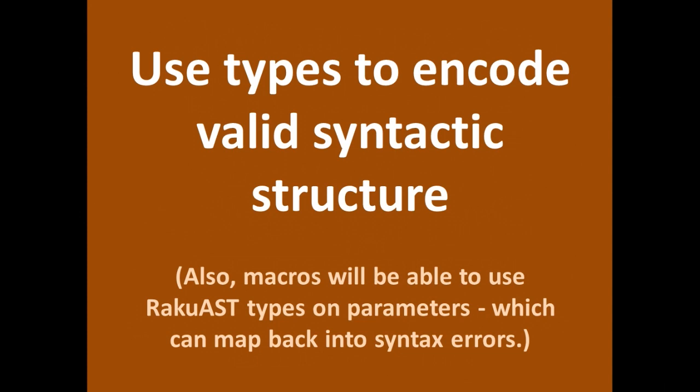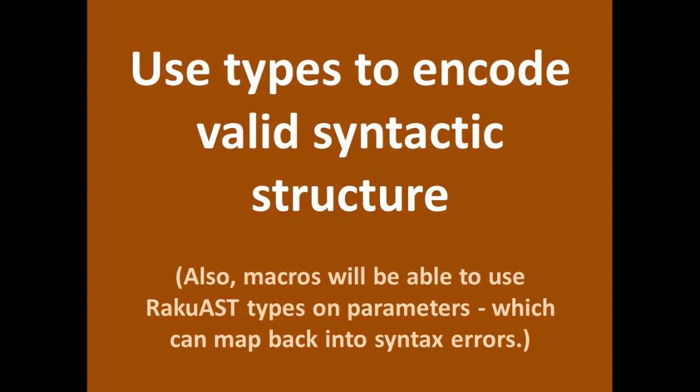I also realized that we can use types to encode valid syntactic structure. So if we say that, when you construct a statement list, then the things that are in it must be statements. Or if we have a signature, then the things within it should be parameters.